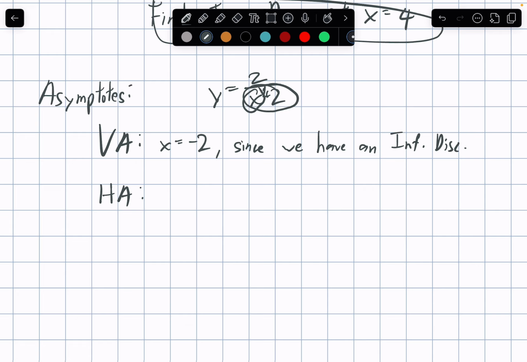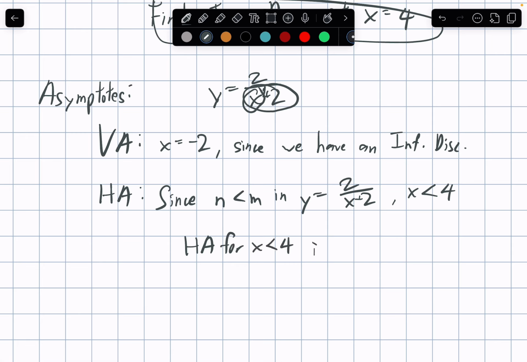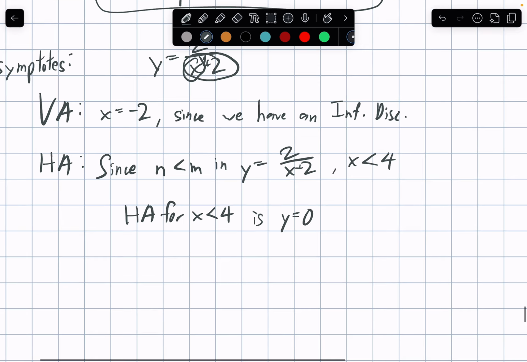So let me just write it down. Since n is greater than m in y is equal to 2 over x plus 2, under the condition x is less than 4, HA for x less than 4 is y is equal to 0. Okay, so that only applies. We all know that HA is 0 if this condition is met.